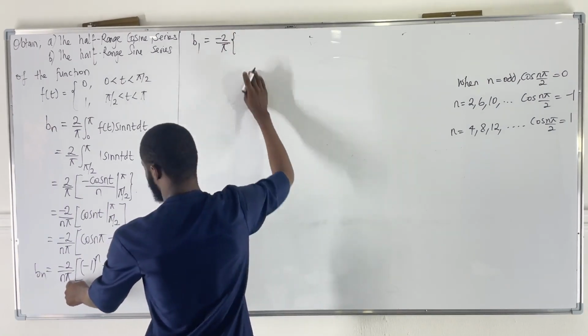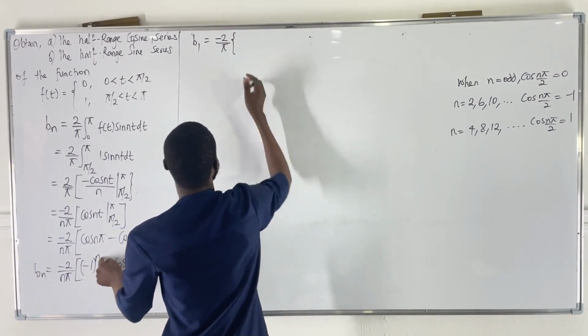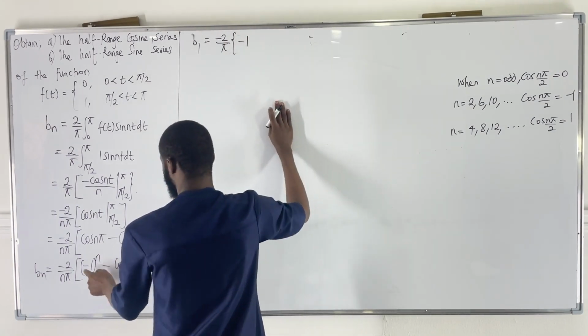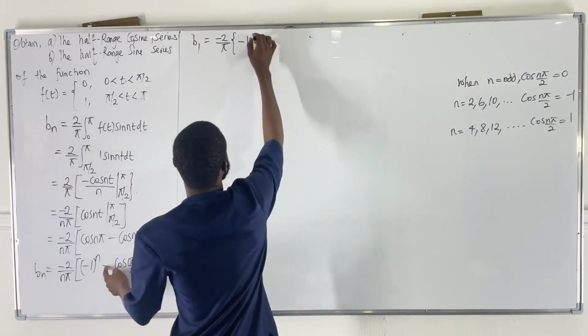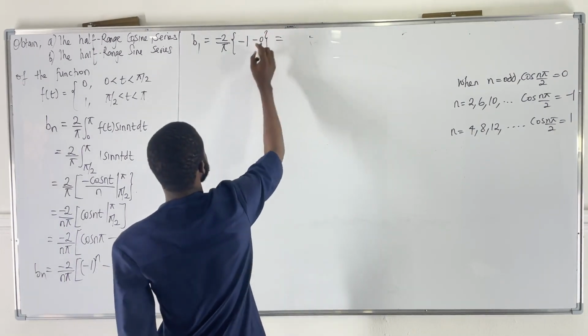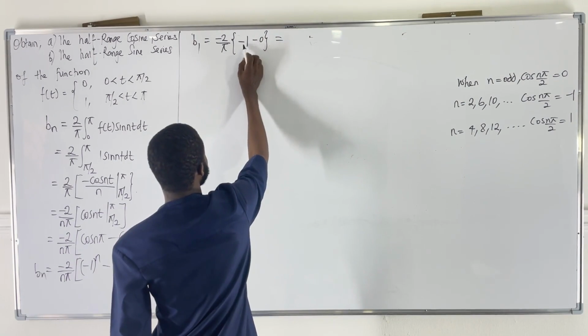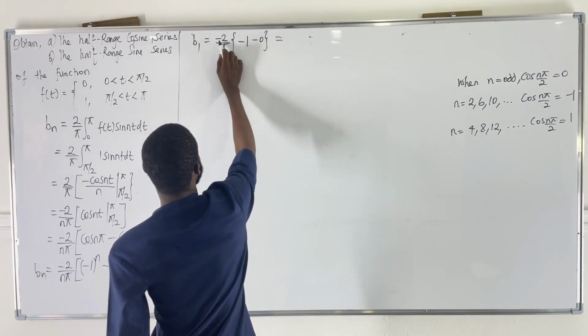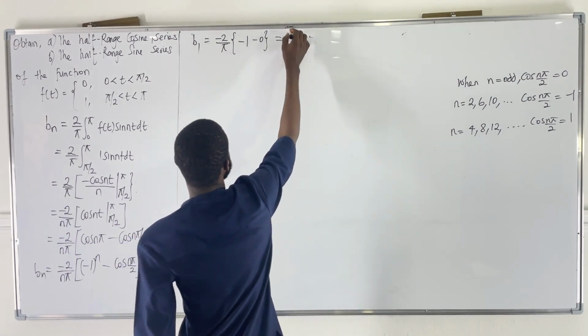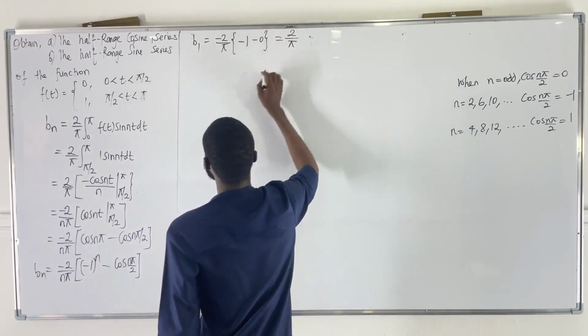And then minus 1 to the power of 1 is still minus 1. Then when n is 1, that's an odd number, so this will be minus 0. Now that means what I have in the brackets here is just minus 1, because 0 is nothing. So this is minus 1. Minus 2 times minus 1 is plus 2. So this will just be 2 over pi.